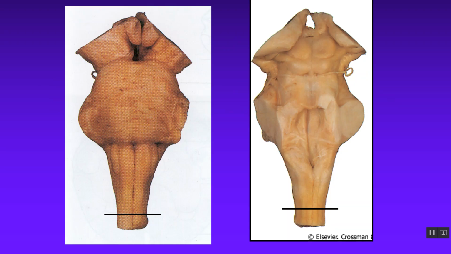So internal anatomy. We're going to start out with a cross section through the low medulla, at the level of the pyramidal decussation.